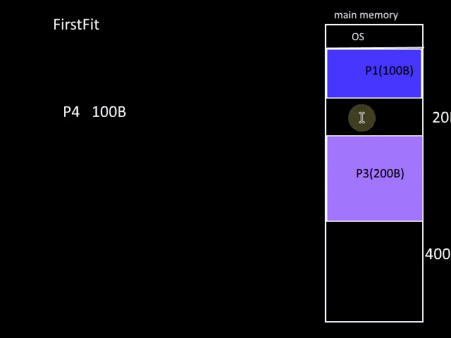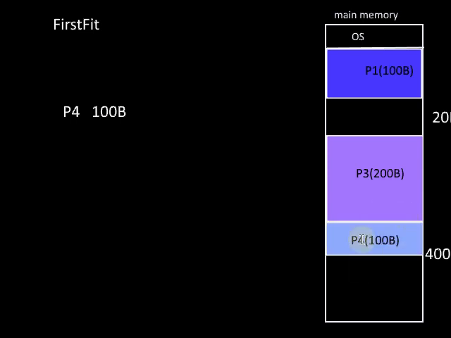Hence the next partition is this one, which is free and the size is 400 bytes, and this partition can hold the process. So we will select this hole for the process. Thus the process P4 occupies this partition, leaving a memory space of 300 bytes.